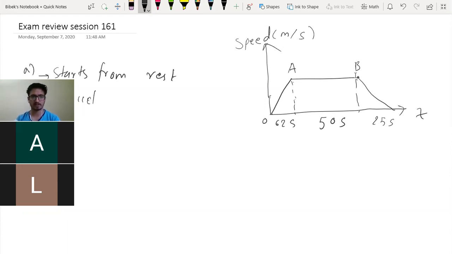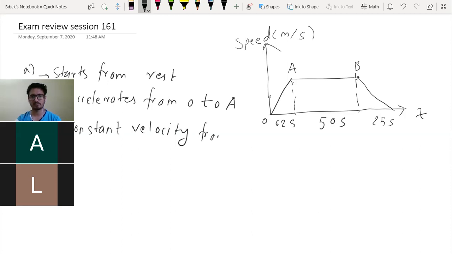So the train accelerates from O to A, right? And from A to B, it's moving with a constant velocity. So the acceleration is 0, so it's moving with constant velocity from A to B.